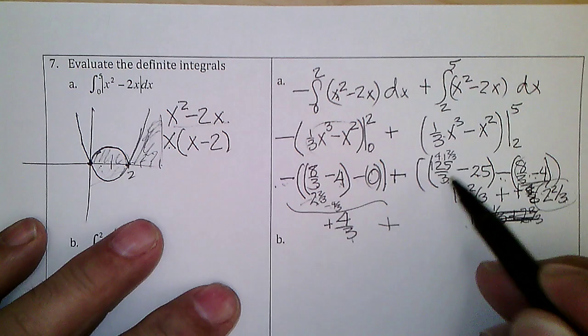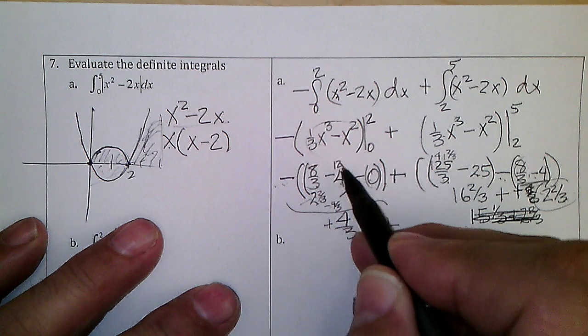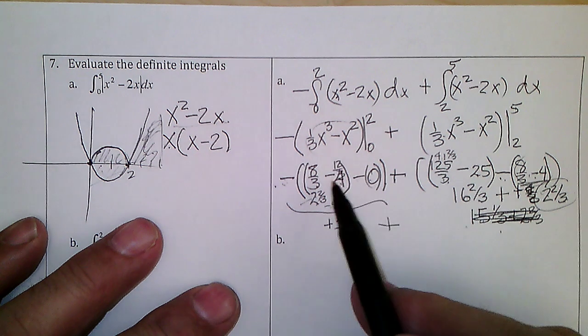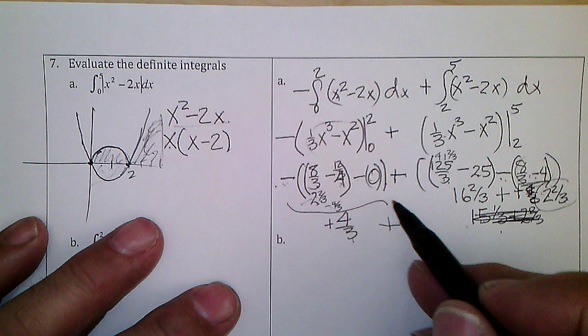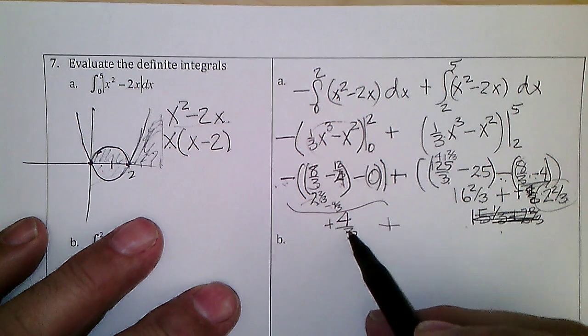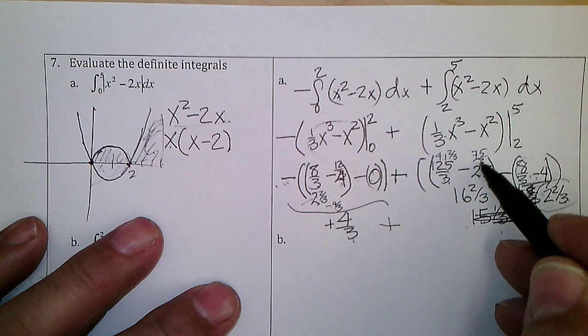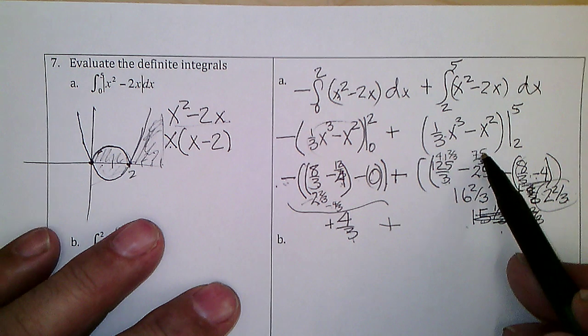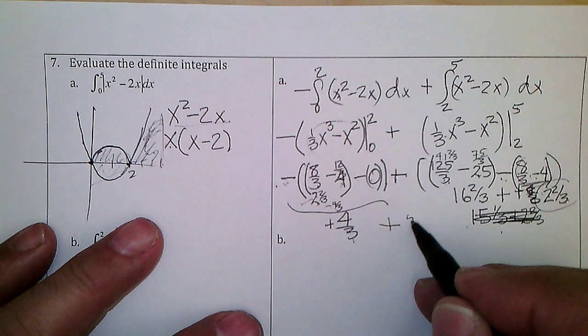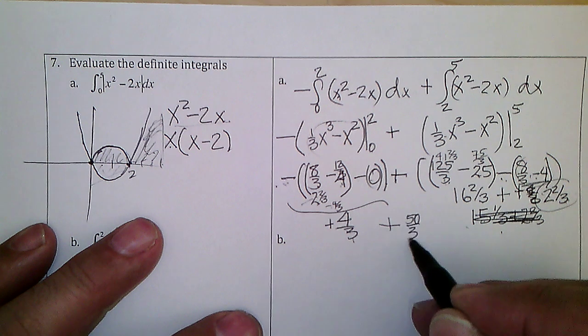125, let's just do all thirds. So this is 12/3. 8/3 minus 12 is minus 4/3, and minus and minus is plus 4/3. 25 is 75/3. So 125 minus 75 is 50/3.